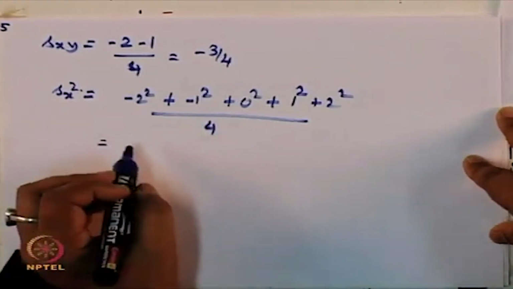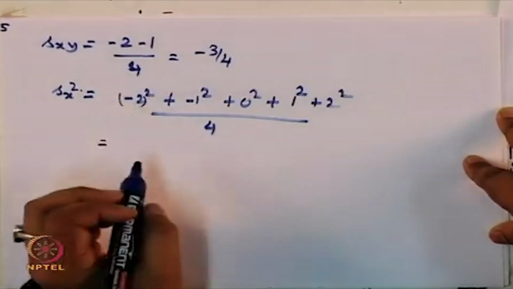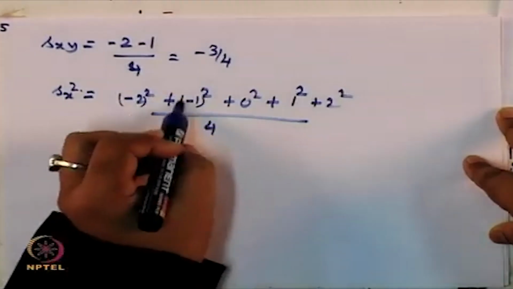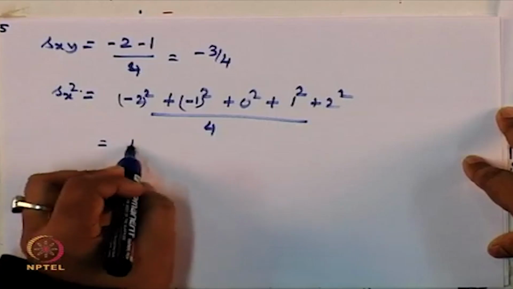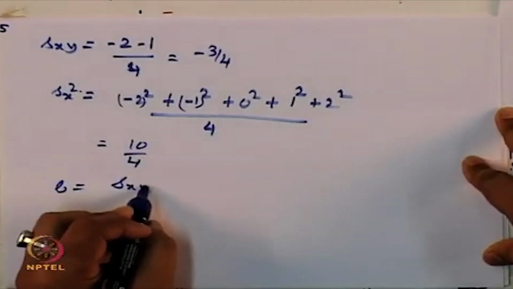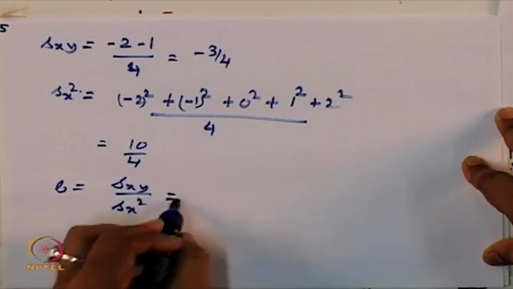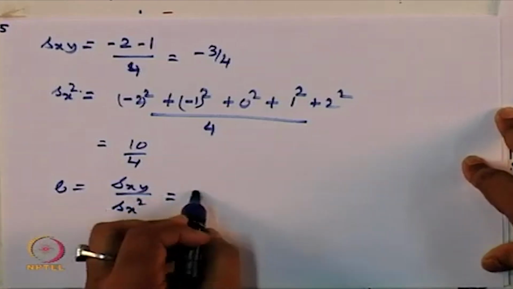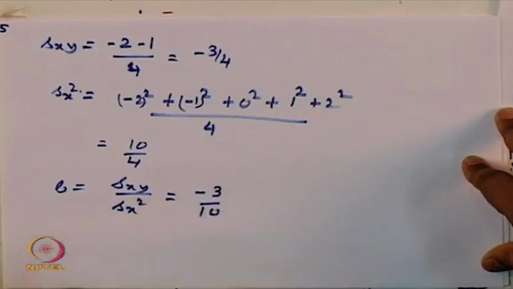So, it is going to be 4 plus 1, 5, 10 by 4. So, b turns out to be s x y by s x square, which is equal to minus 3 by 10.